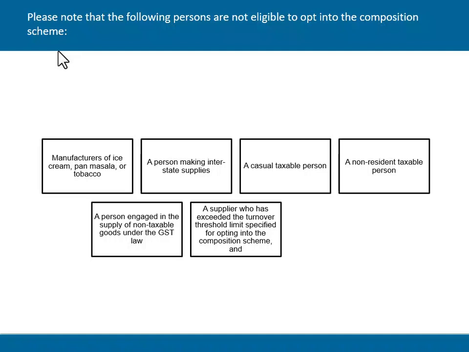The supplier who has exceeded the turnover threshold, so he can't opt into this scheme. Okay. And businesses which supply goods through an e-commerce operator, उनके लिए भी ये composition scheme applicable नहीं है. Suppose I am selling goods through Amazon or Flipkart, then I can't opt for composition scheme.